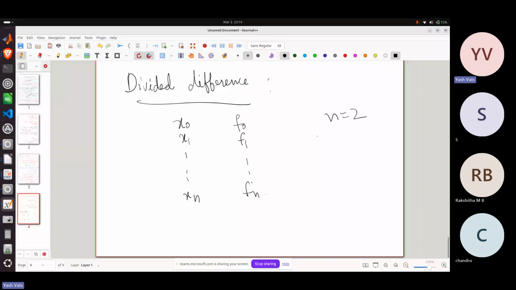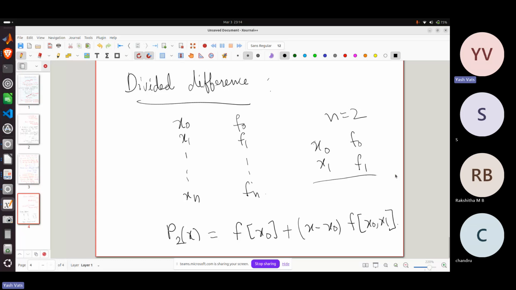I just show you x0, x1 and f0, f1. So the divided difference polynomial p2(x), which is approximating this function, is f(x0) plus (x minus x0) f[x0, x1].